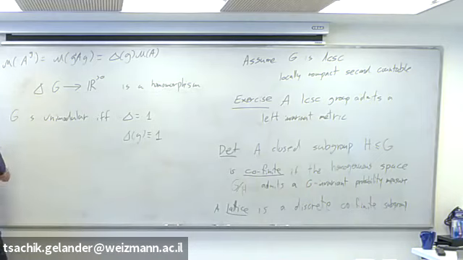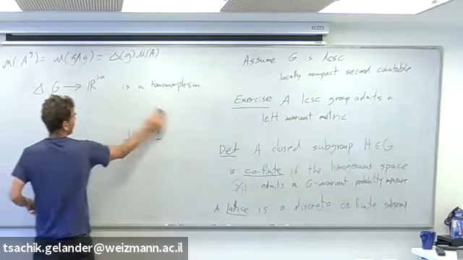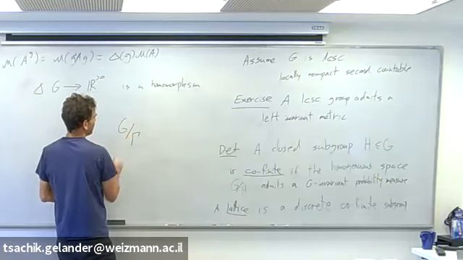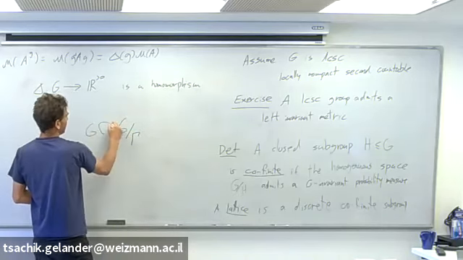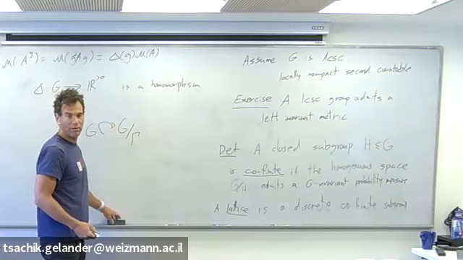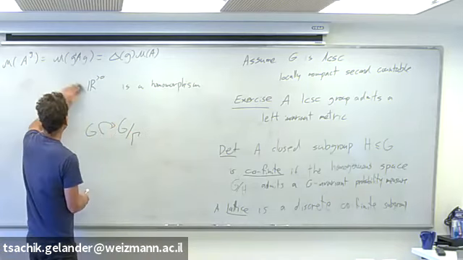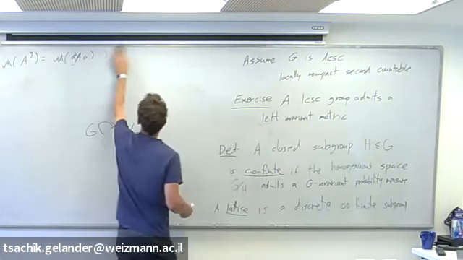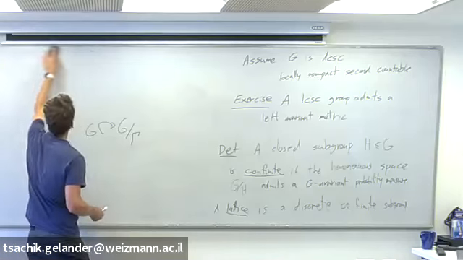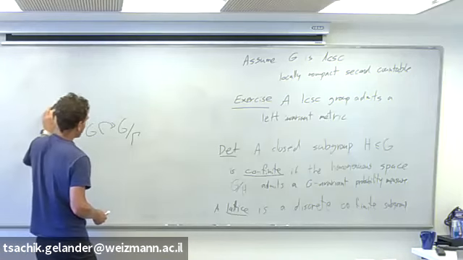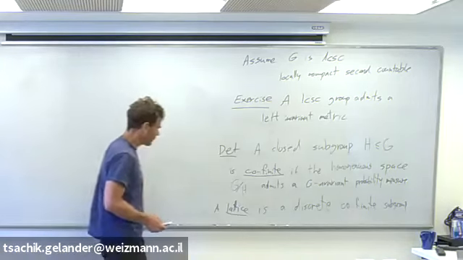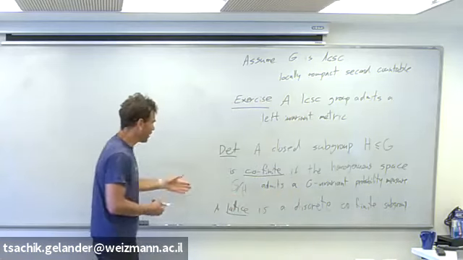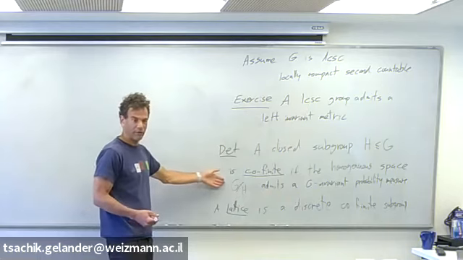So that's the definition. We usually denote a lattice by gamma, and the space G mod gamma is a G space, and it admits a G invariant probability measure. I mean, G acts only from the left on this space.